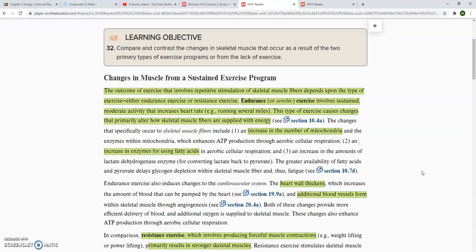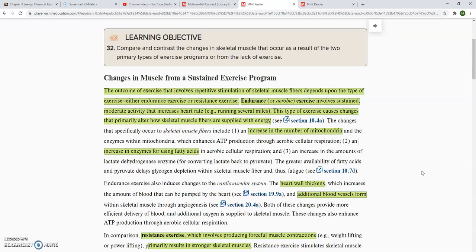And then more blood vessels, we actually can generate the production of more blood vessels, so blood vessels can grow into the skeletal muscle, and it's again providing a way for the skeletal muscle cells or fibers to get more oxygen there, so they can do more aerobic cellular respiration, make more ATP, and be able to handle the endurance or aerobic exercise that you're doing. So that's what you see with the endurance or aerobic exercise. So good things for your body.